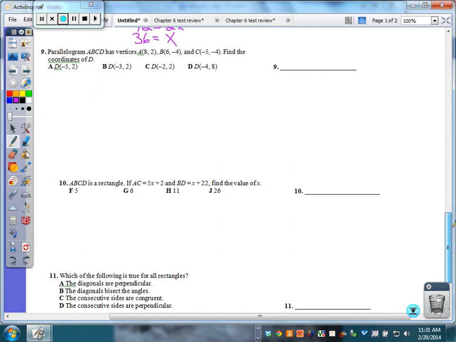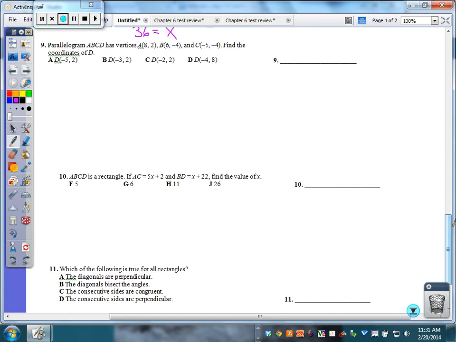Number 9 is going to require for us to draw a little bit of a graph here, because this is going to be the easiest way for us to determine what we're looking for. So if I drew a graph and just plotted my points. All right, so let's go ahead and plot our points. We have the first one, which is 8: 1, 2, 3, 4, 5, 6, 7, 8, and we're at 8, 2.